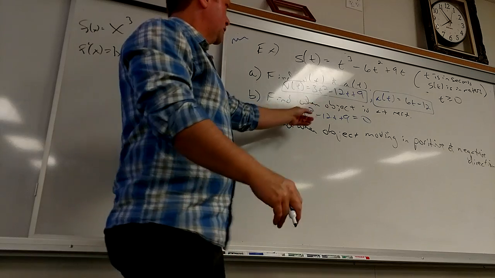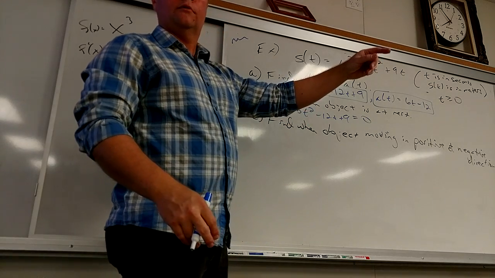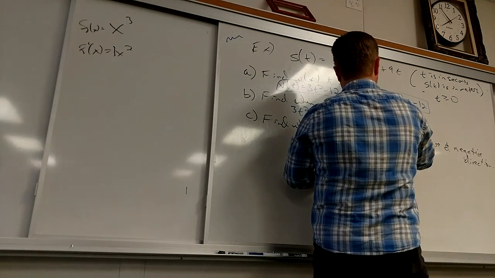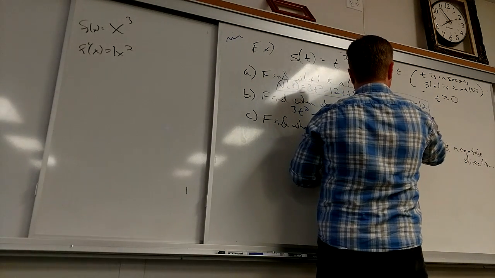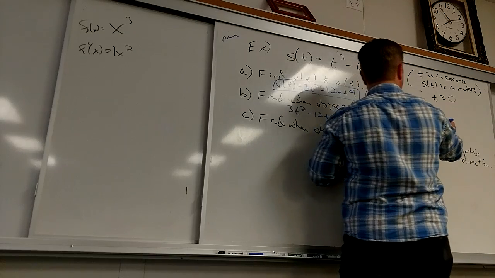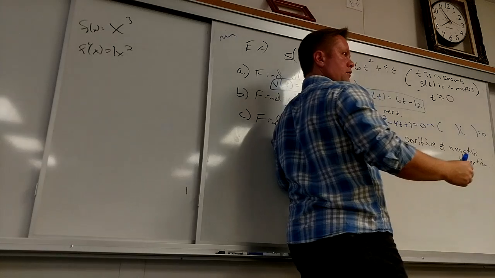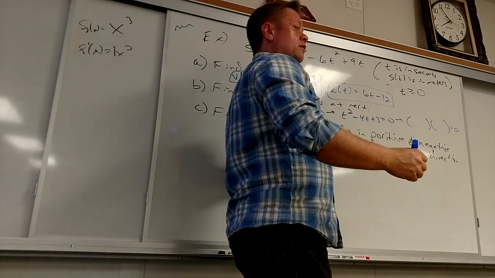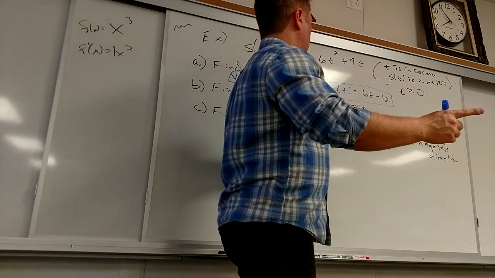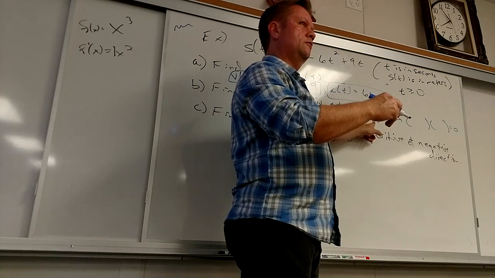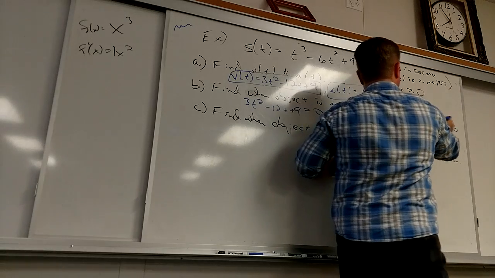So what's beautiful there, of course, I can divide by 3. So I get t squared minus 4t plus 3, and that factors beautifully. They have to both be the same sign. Yeah, t minus 3, t minus 1.